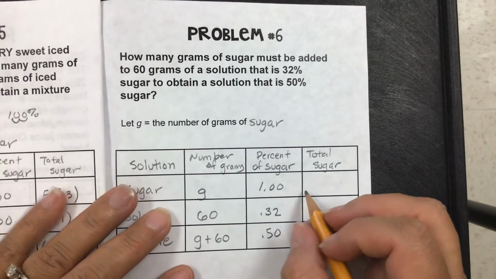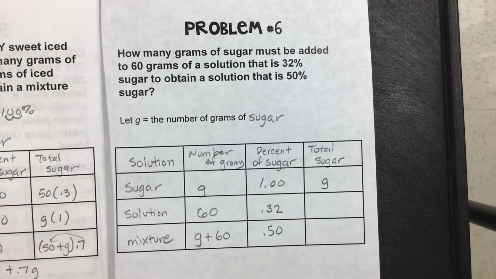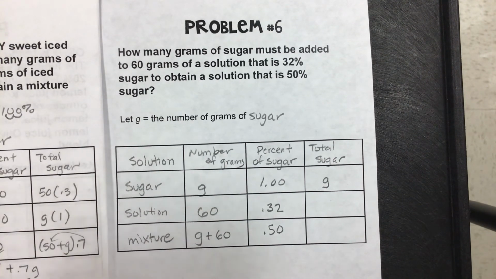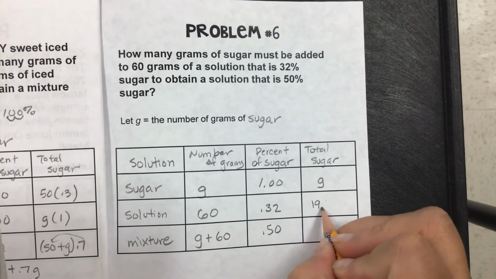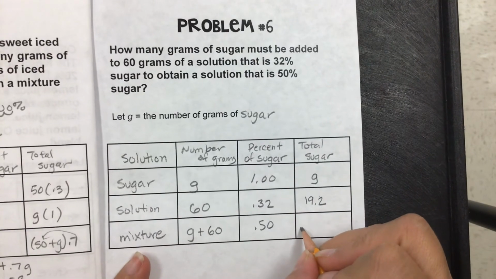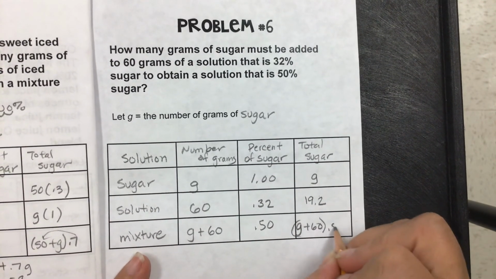Multiply these numbers together. 1 times G is just G. 60 times 0.32 is 19.2. And then I'm going to leave this as G plus 60 times 0.5.